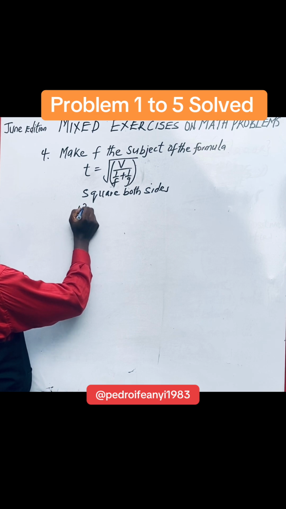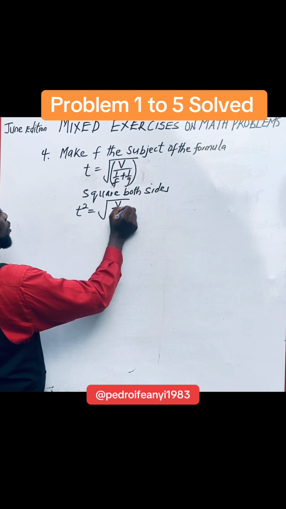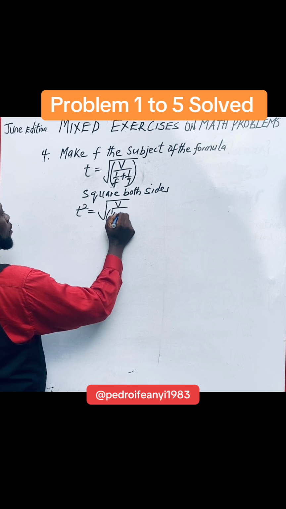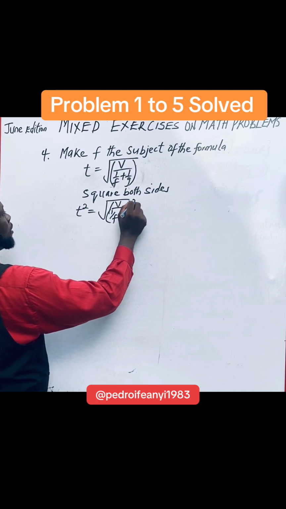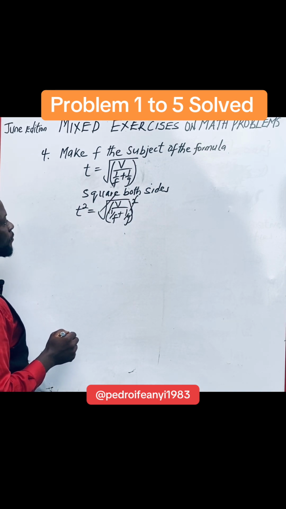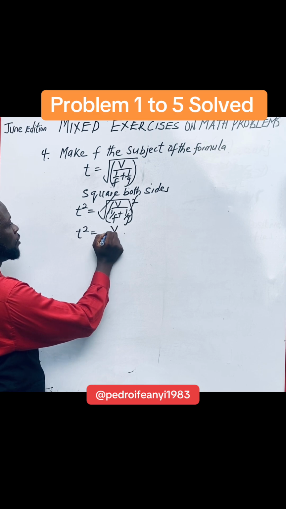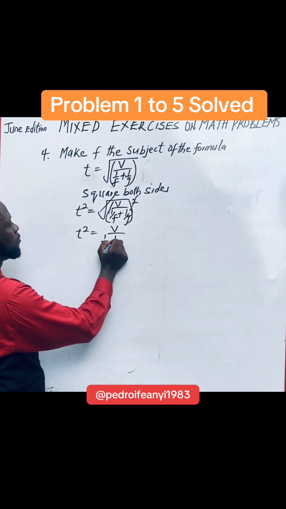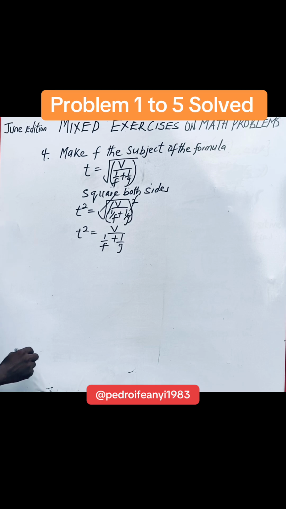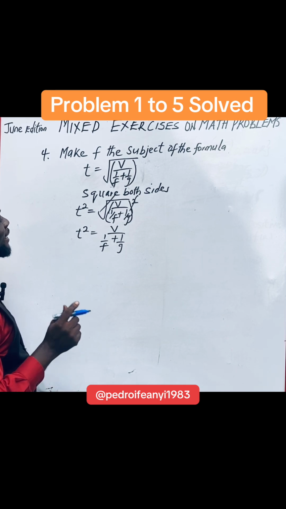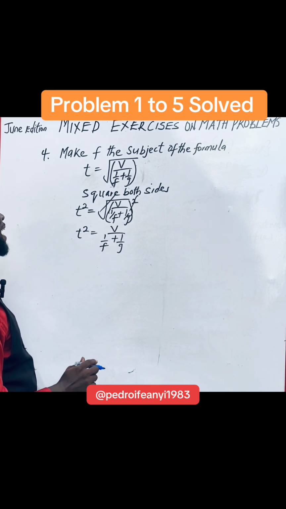So you have t squared equal to the square root of v over 1 over f plus 1 over g, all squared. So this square will go with the square root. So you are left with t squared equal to v over 1 over f plus 1 over g. That's the first step. The next step is to clear this fraction on the right-hand side.